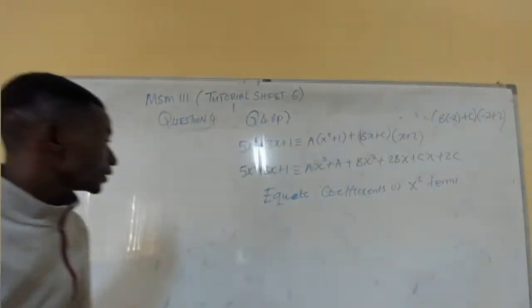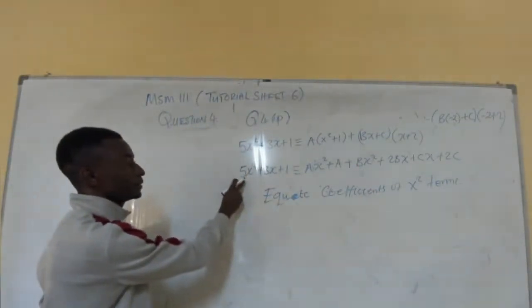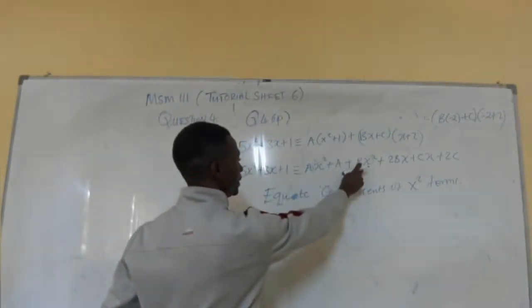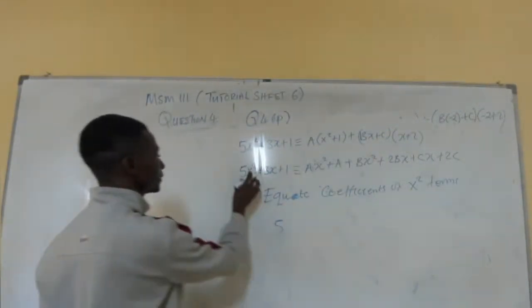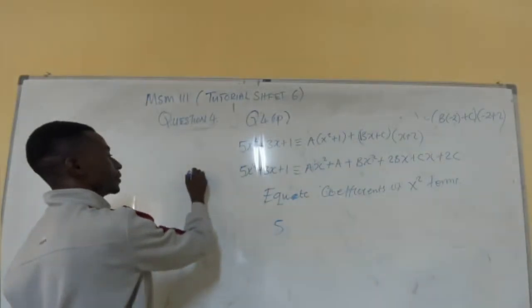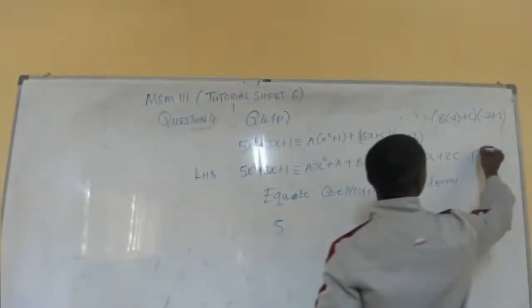Equating the coefficients of x squared terms, we have 5 from the left hand side, equal to a plus b on the right hand side.